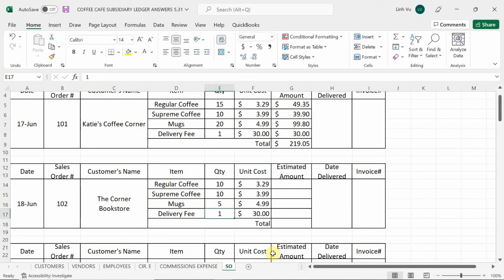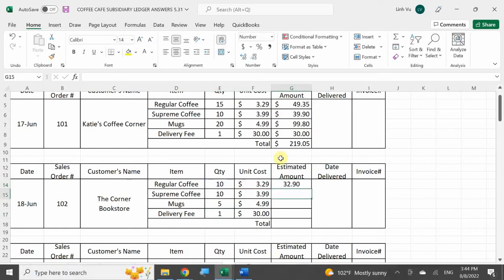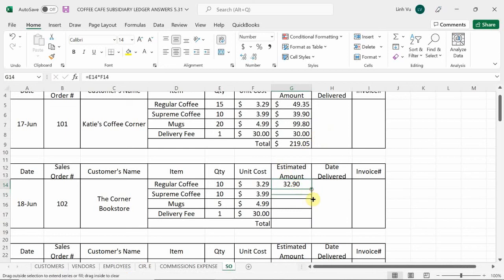All right. And then go ahead and calculate. So that would be $32.90 and $39.90 and all of that.